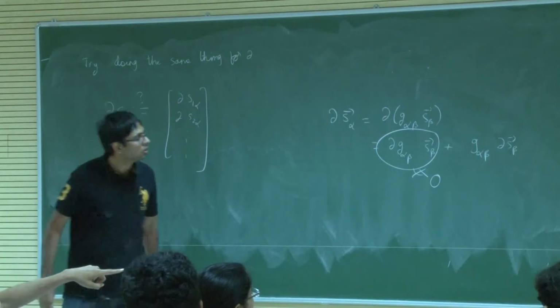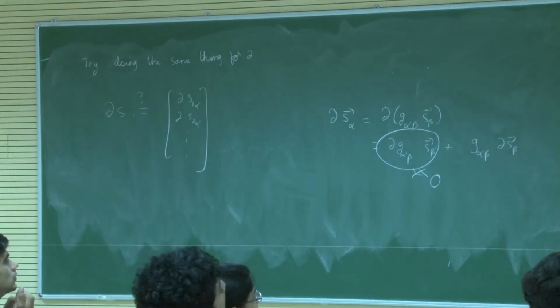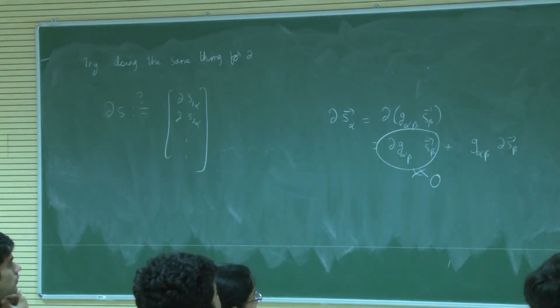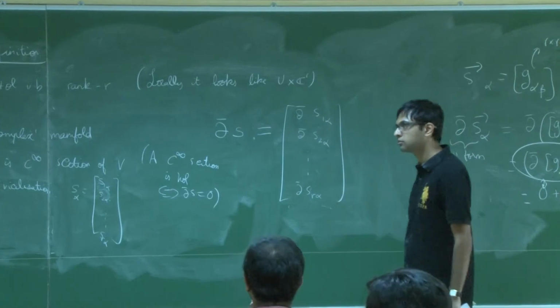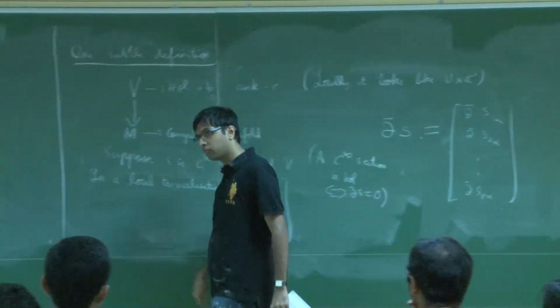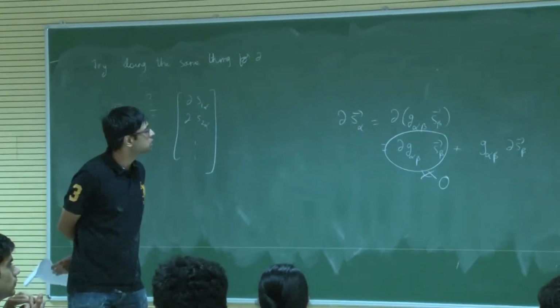Why is del bar S 0 if it is a holomorphic section? If it is a holomorphic section, so what would be a holomorphic section? One whose local representatives are all holomorphic functions. Right? When is the local representative a holomorphic function? When del bar of each of these is 0. Right?